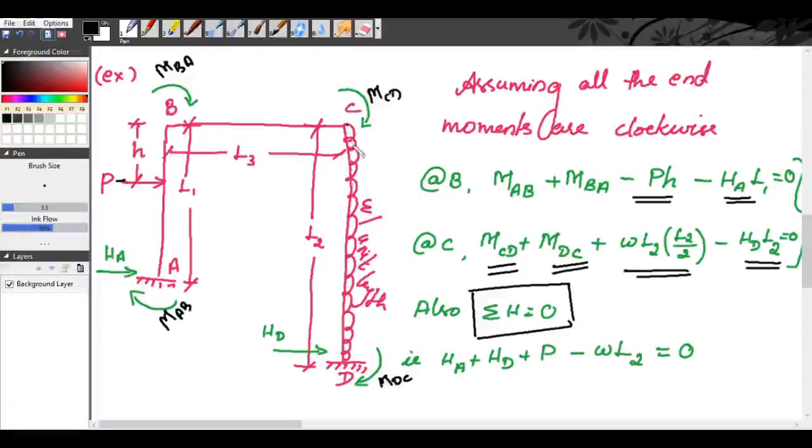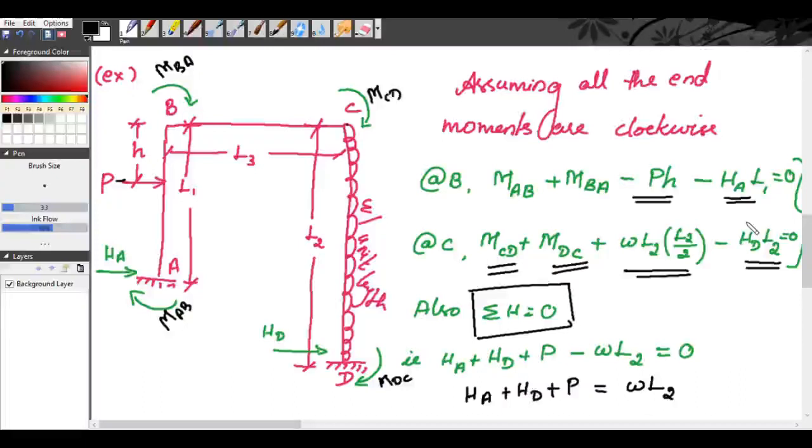That is, all the loads towards the right are equal to the loads towards the left. So, these three are called shear equilibrium equations. These are additional conditions required to solve our problems with sway.